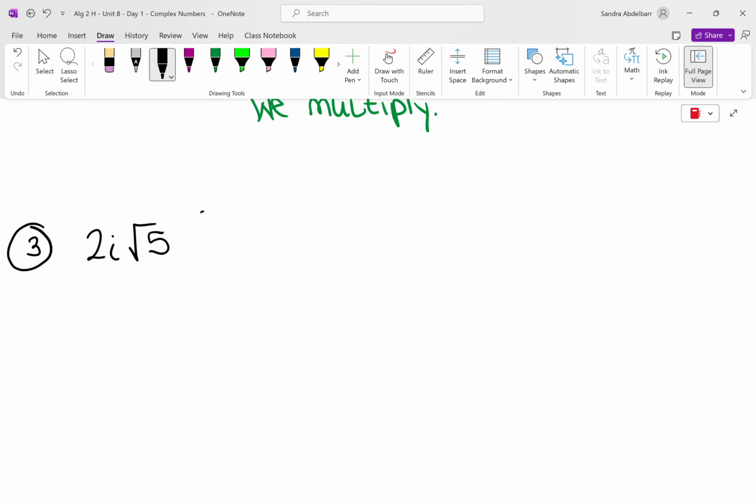All right, let's say I have 2i root 5 times the quantity of 3 root 10 minus 4 root -15. What must I do before anything else?